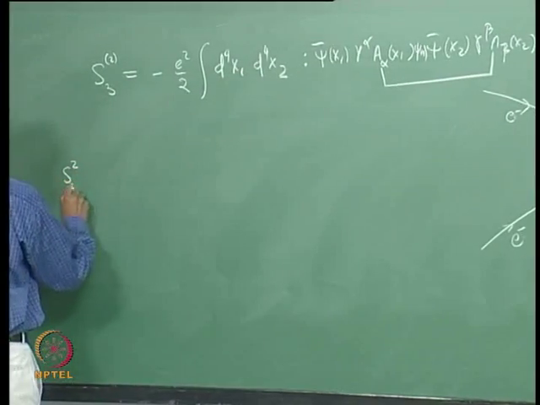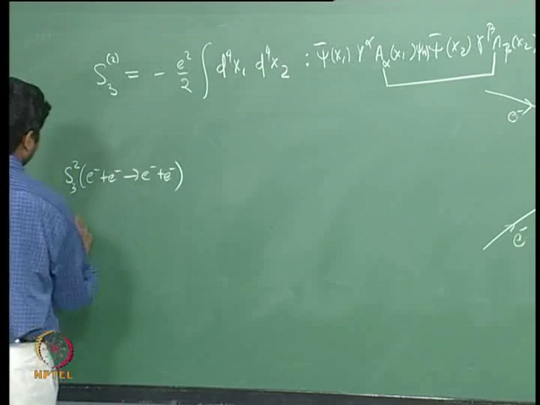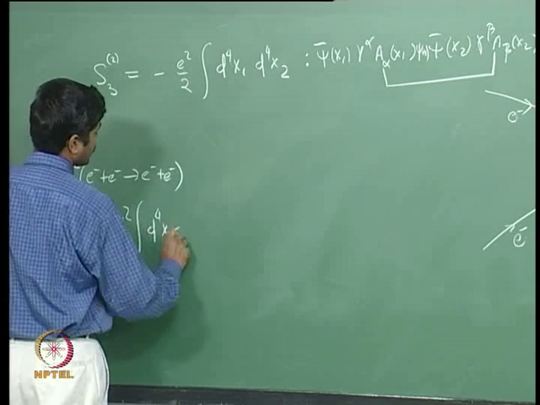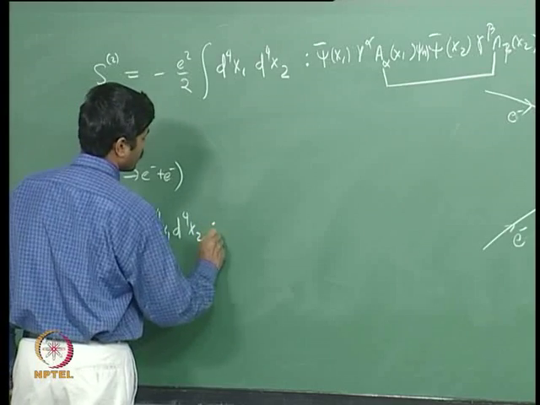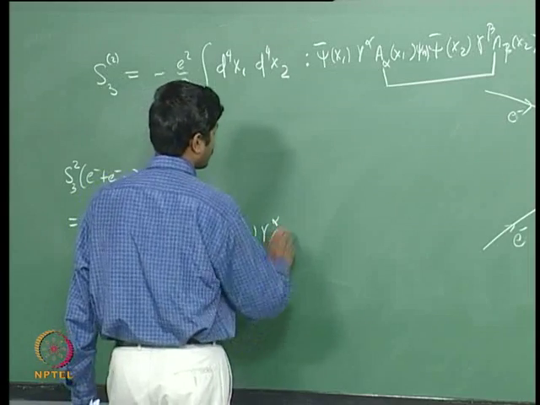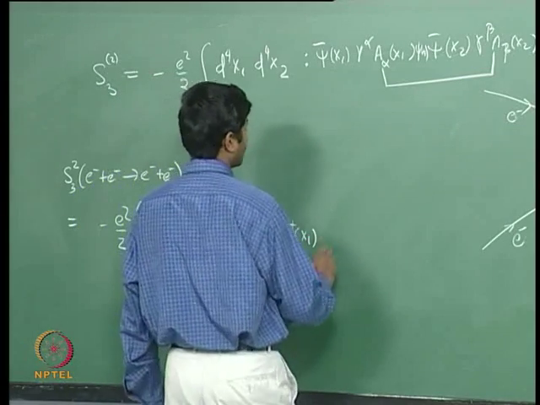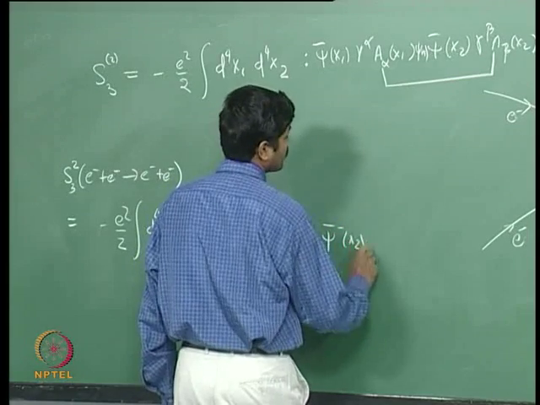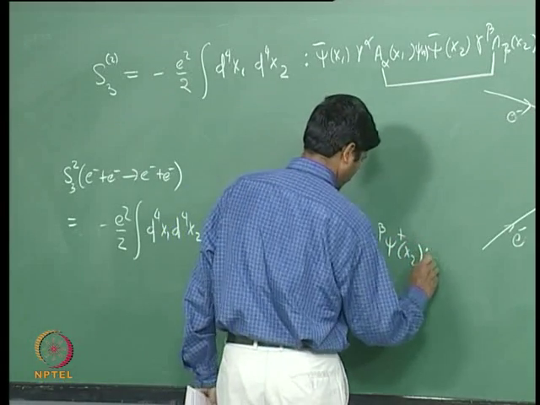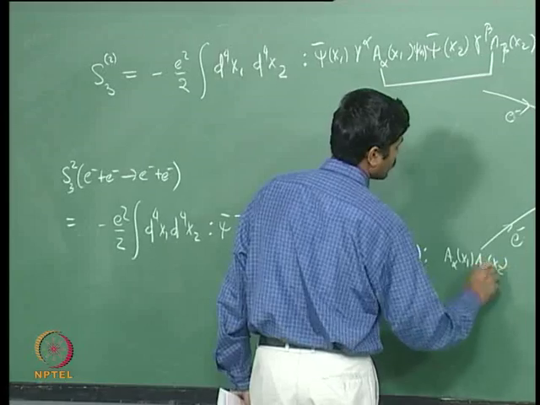So S23 for e minus plus e minus going to e minus plus e minus is given by minus e square over 2 d4 x1 d4 x2, psi bar minus of x1 gamma alpha psi plus of x1, psi bar minus of x2 gamma beta psi plus of x2 with normal ordering, and then A alpha x1 A beta x2 contracted.